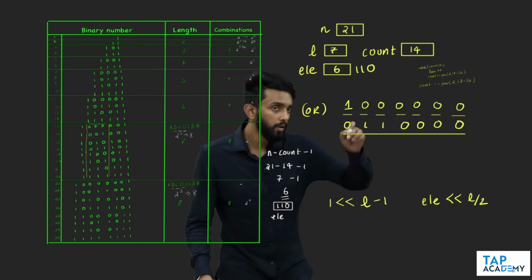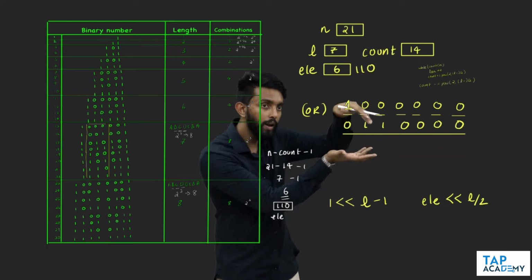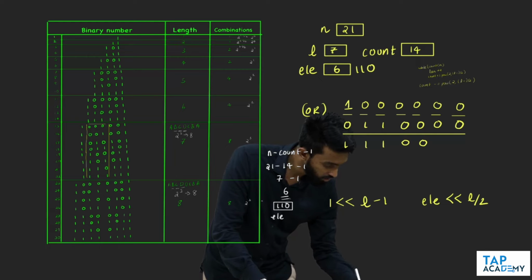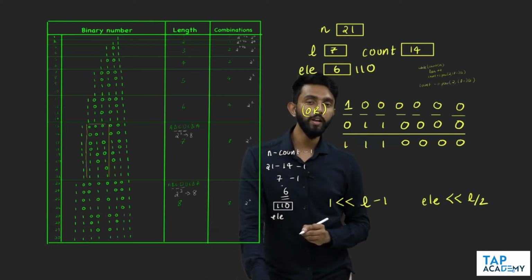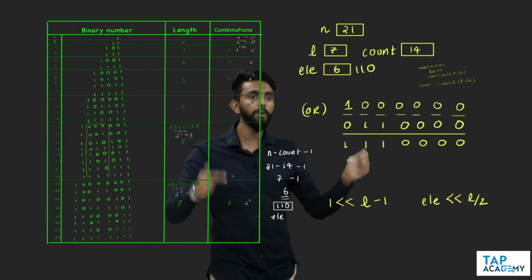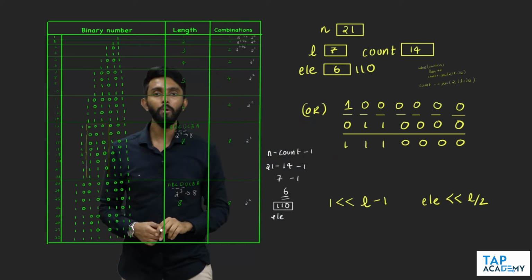I want to merge both of them. If I merge them, like this I will get 1, 1, 1, 0, 0, 0, 0. Now what is the operation I can apply between both of them? OR operation.